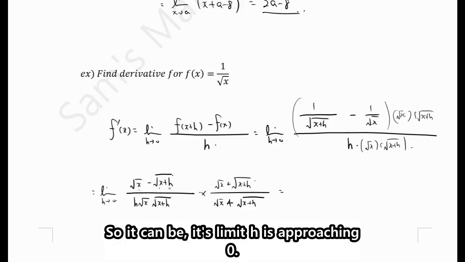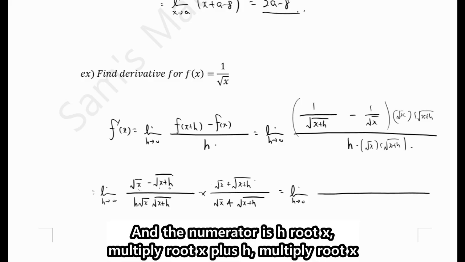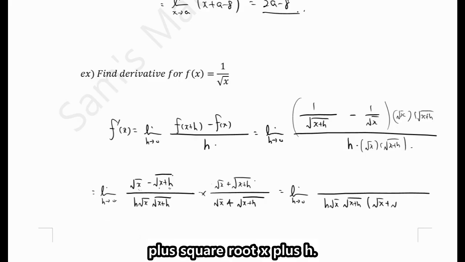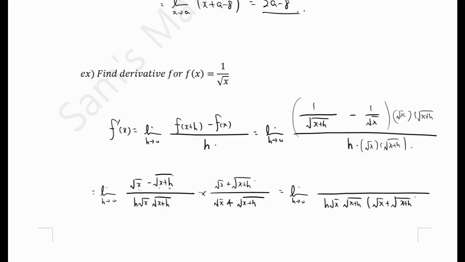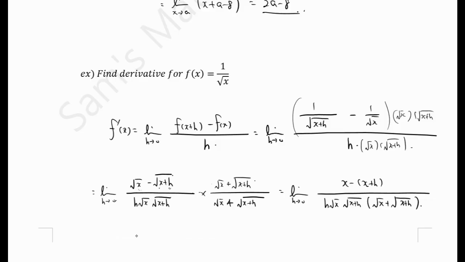So it's the limit as h approaches 0, and the denominator is h times root x times root of x plus h times (root x plus square root of x plus h), and the numerator is x minus x plus h. This is cancelled, and this is also cancelled.